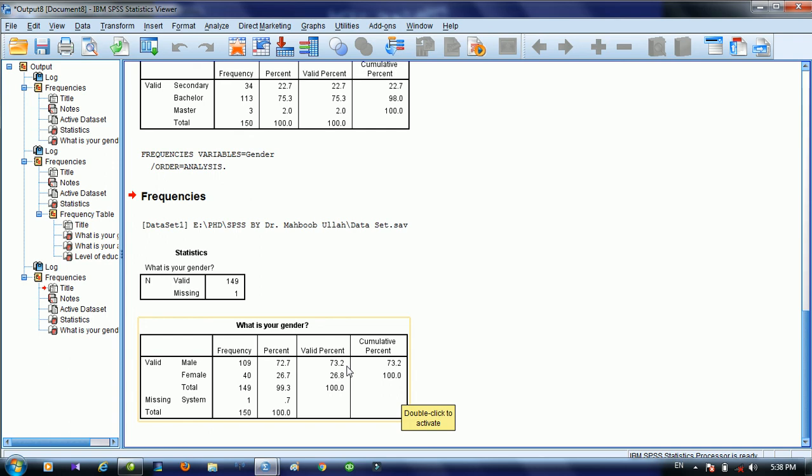How did we obtain this figure? 109 divided by 149 into 100, so that is 73.2. Then 40 divided by 149 multiplied by 100, so we got 26.8, and the total turns to 100. In the cumulative percentage, remember that the valid percent will be accumulated, not this one. So this was how we can analyze the frequency of our variable.